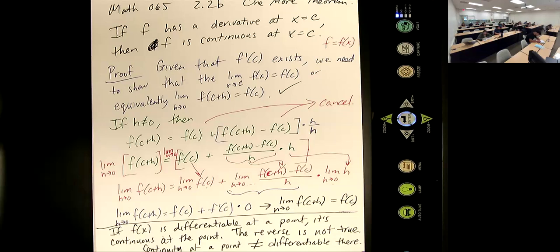Can it be discontinuous at a point and still differentiable? Let's say we're working with a graph, can it be discontinuous at a point but still differentiable?